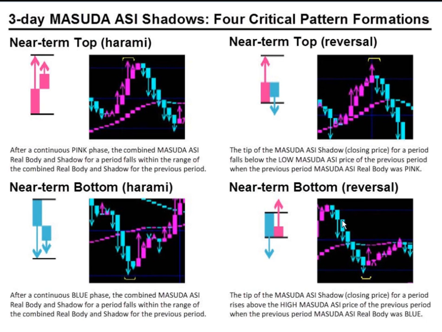So we had a consecutive blue downward phase here, and this is the high Masuda Ashi price, or yesterday's Masuda Ashi price for this particular real body, and our latest Masuda Ashi real body and shadow combination, the shadow is well above the previous period's high, and when this was blue. So that is looking okay according to the rules.